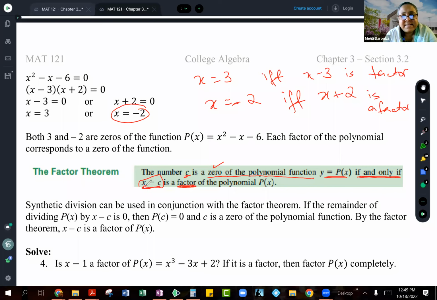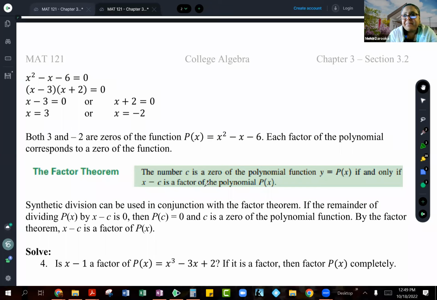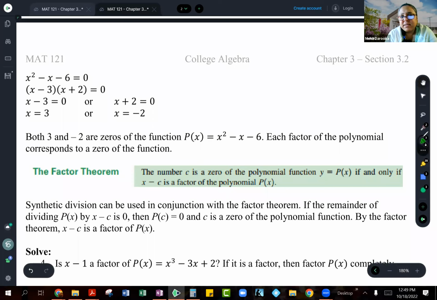If x minus c is not a factor of your polynomial, then c cannot be a 0, looking at it the other way around. So that's how these two theorems are tied together.